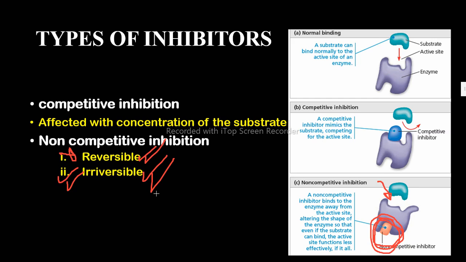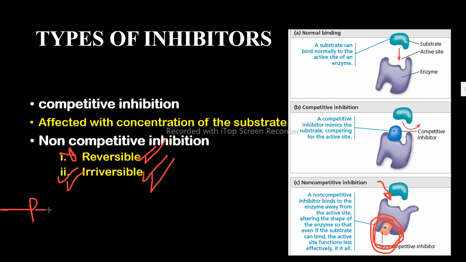And because of that, the enzyme is rendered useless. Unless you produce other enzymes by protein synthesis, you cannot survive, and that is not possible. So those are the poisons that you take.